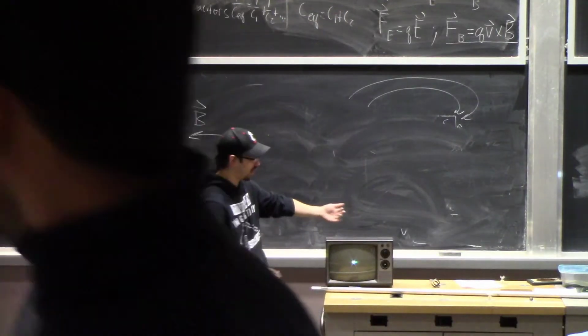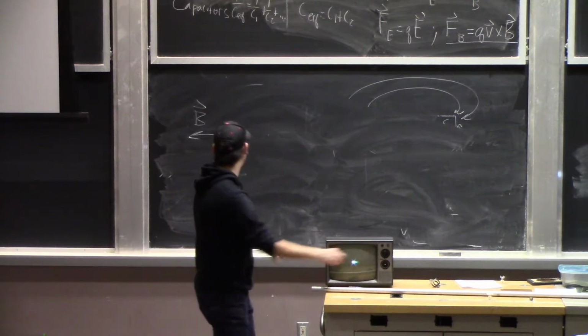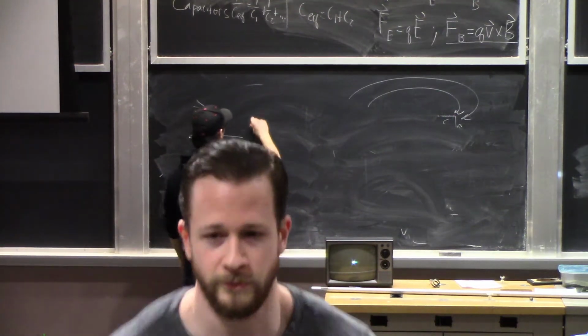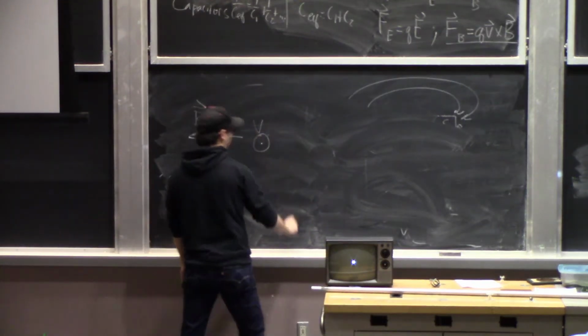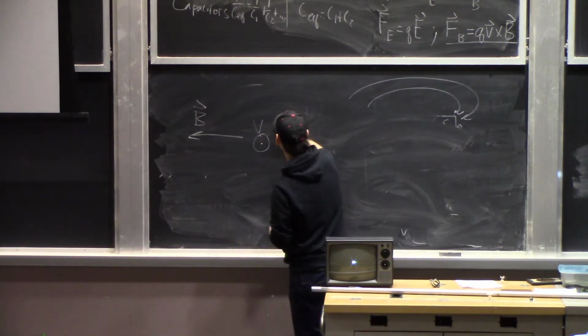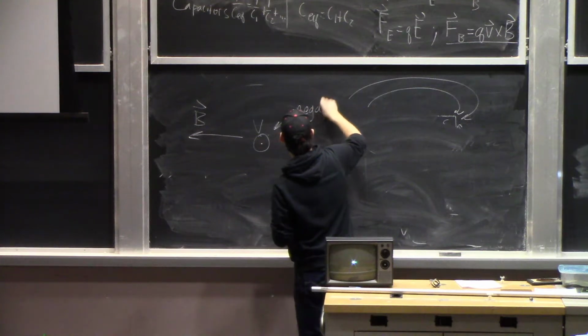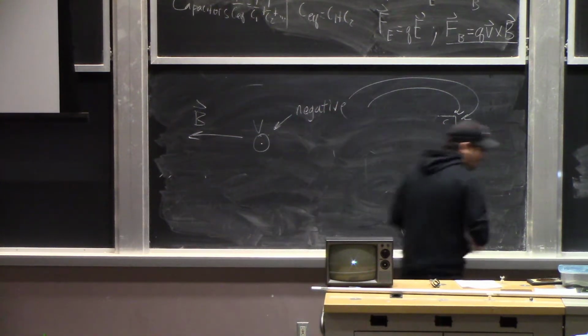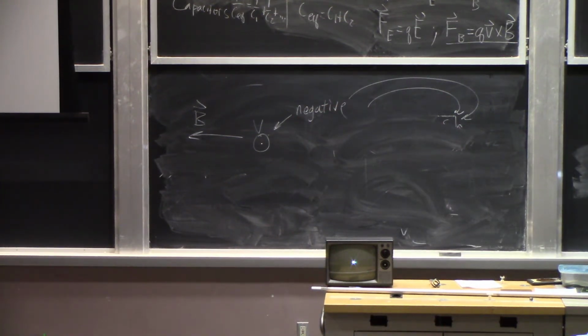Whatever's accelerating these electrons is launching them towards the front of the screen here. So we know that V is going to be out, and we know that this is a negative charge. So based off of those things, go ahead and predict what's going to happen when I bring the south side of a magnet close to here.